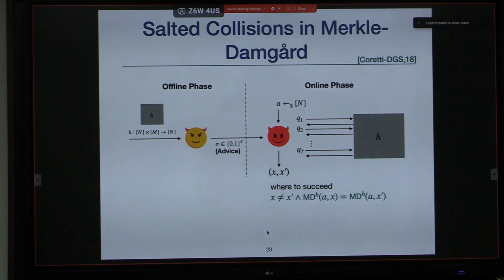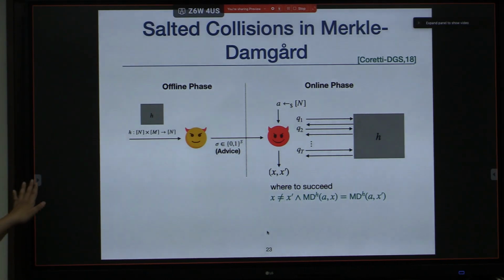Here again the adversary gets unbounded access to the compression function, not the bigger MD hash function, the compression function. It gets to output advice on that function. Then in the online phase, it gets to make queries to the compression function, and it has to find a collision on the bigger MD hash function.